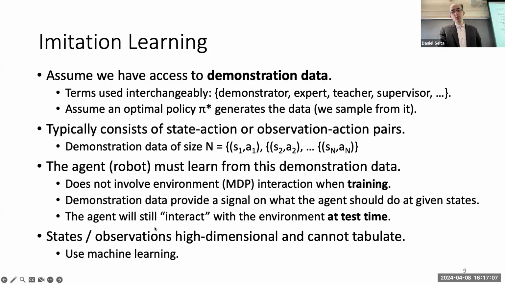The way imitation learning is studied today, states and observations are often very high dimensional. Last week, when we talked about Markov decision processes and reinforcement learning, you could write out the state: S1 has this value, S2 has that value, and so on. But what if the state is continuous? Then it's not clear how to do that.